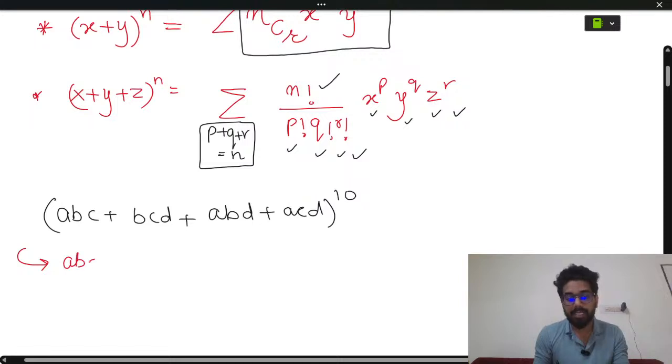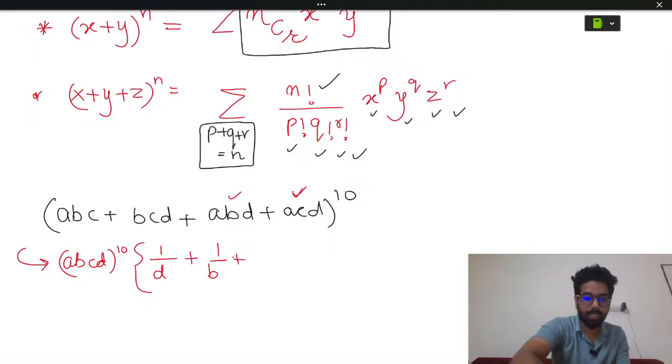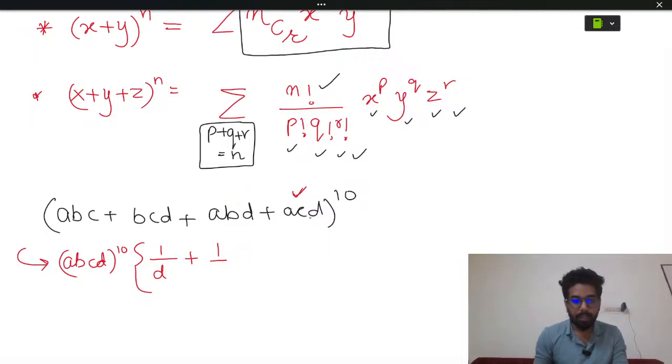This becomes ABCD whole power 10, and inside this it becomes 1 upon D plus 1 upon A, and so on. This one gives you 1 upon D, this one gives you 1 upon A, this one gives you 1 upon C, and this one gives you 1 upon B. Just for the sequence, it doesn't matter though.